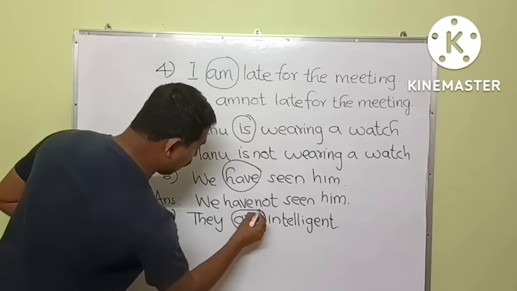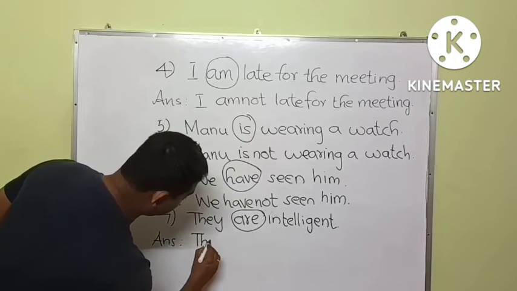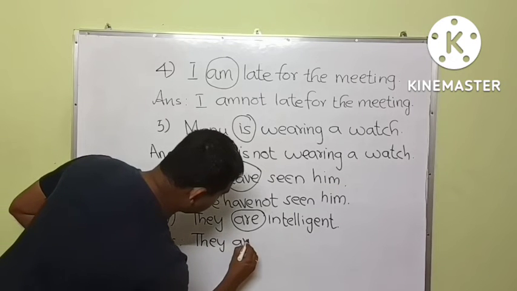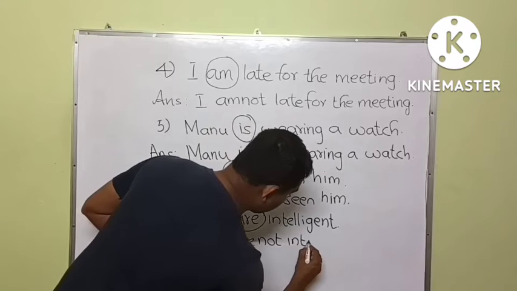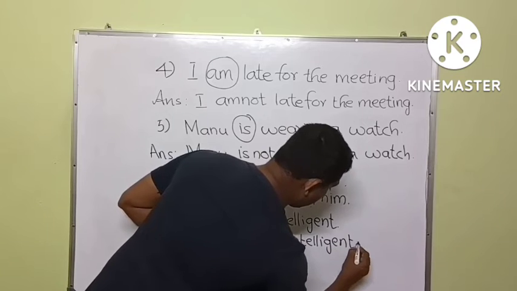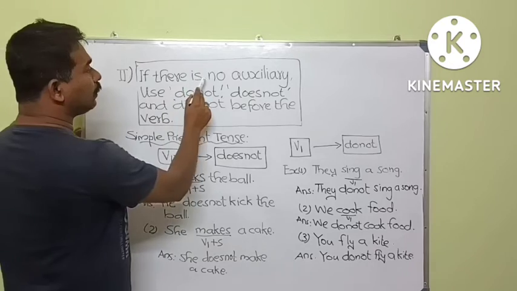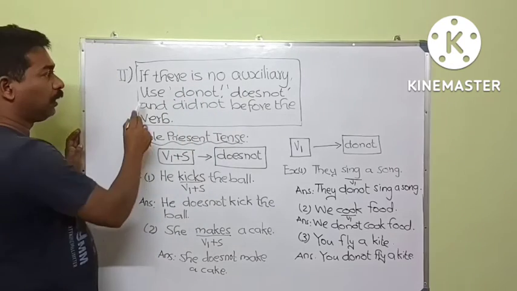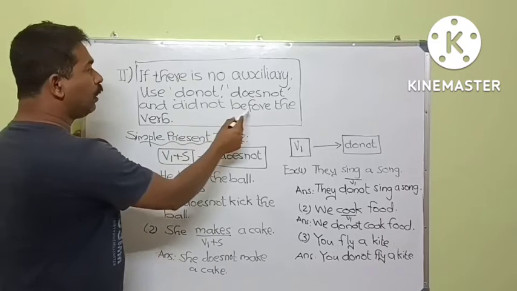The auxiliary verb is are. Answer, they are not intelligent, full stop. Second rule, if there is no auxiliary verb, use do not, does not and did not before the verb.